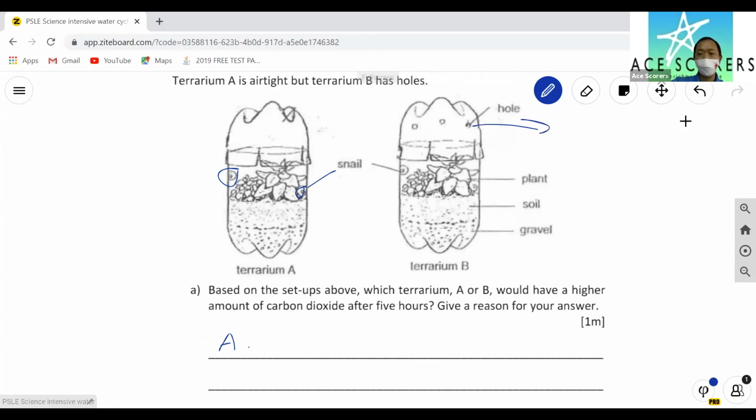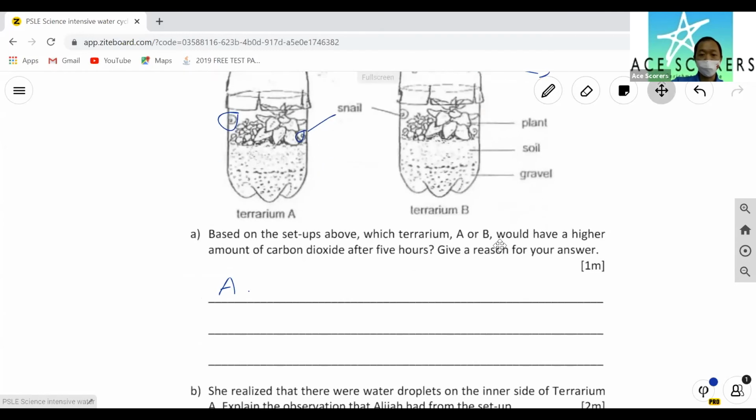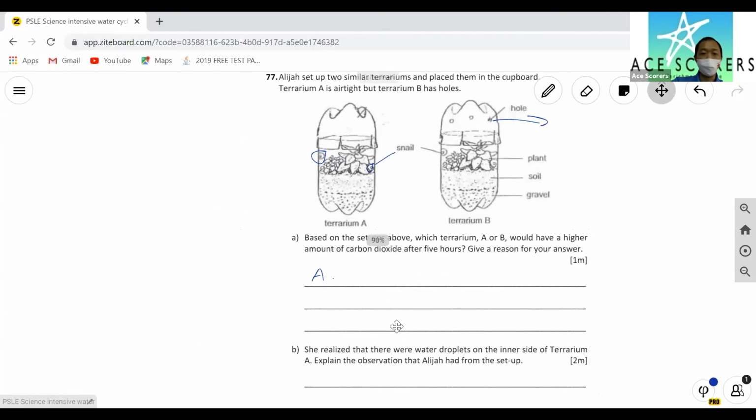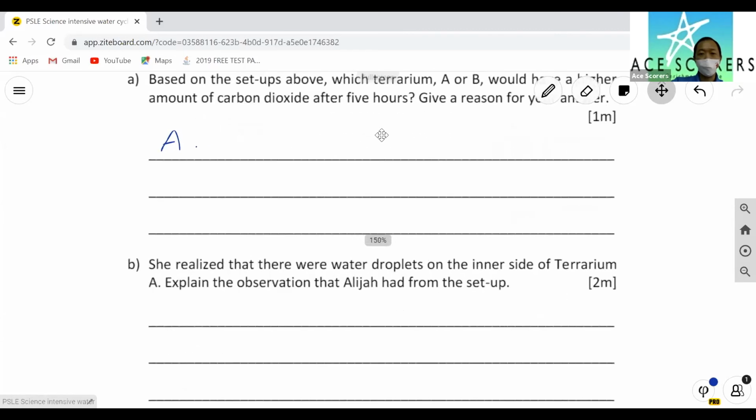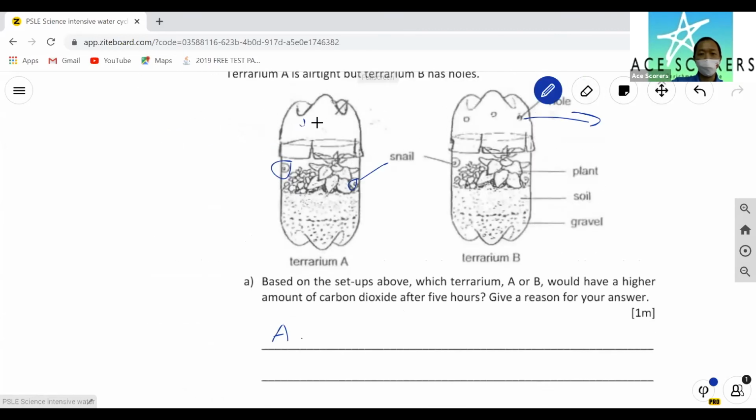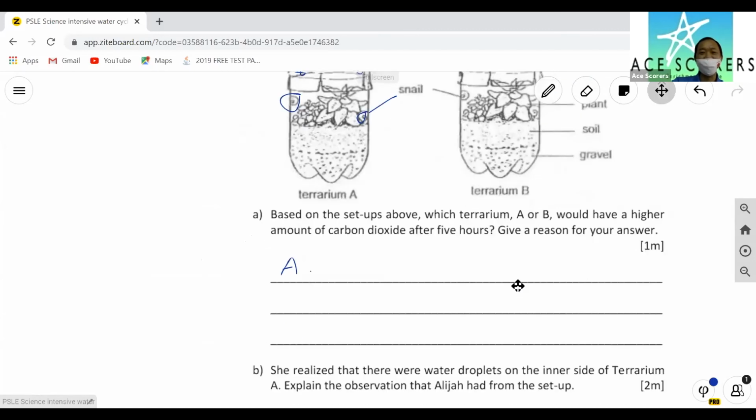Okay, so you don't need to copy this first. Just looking at the water droplets again. She realized that there are water droplets on the inner side of the terrarium. Why are there water droplets inside?